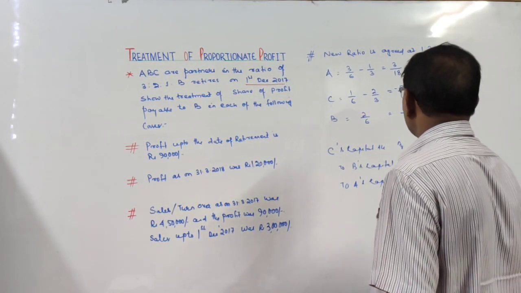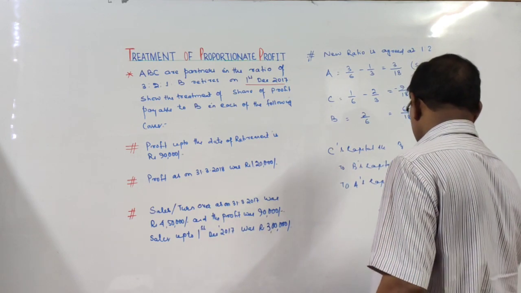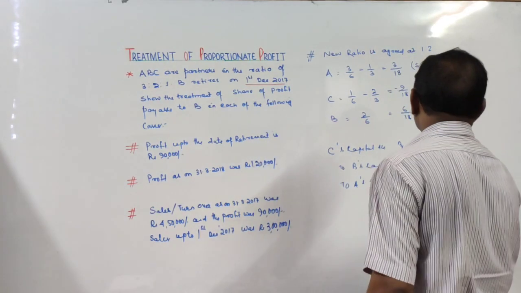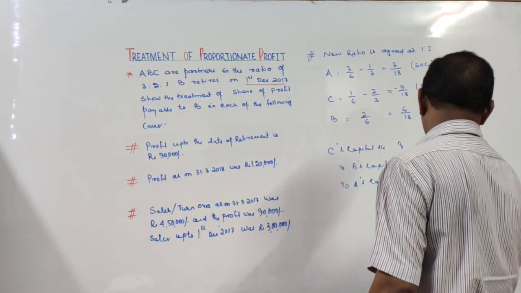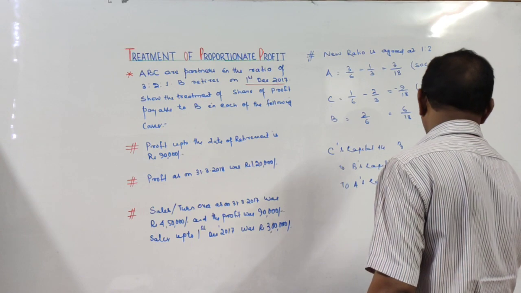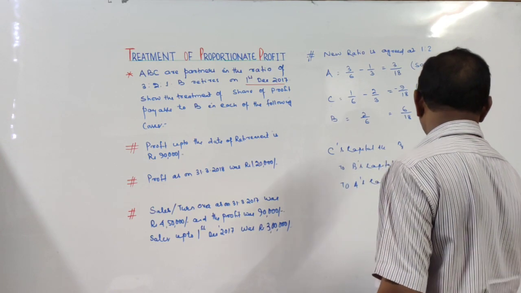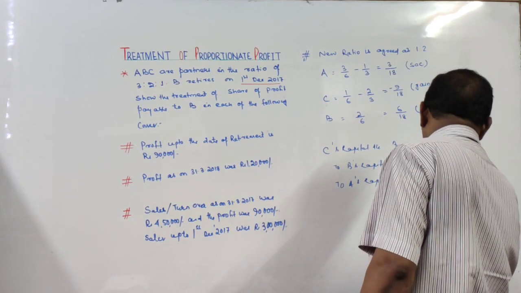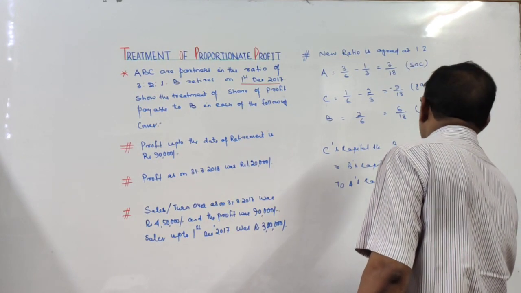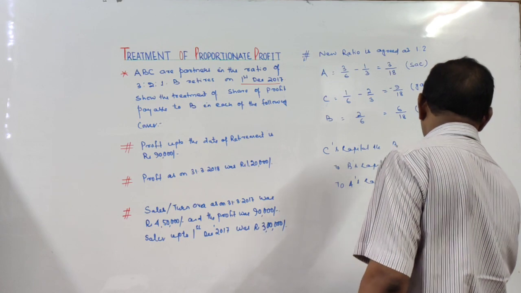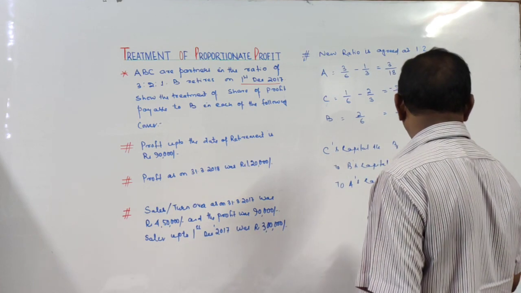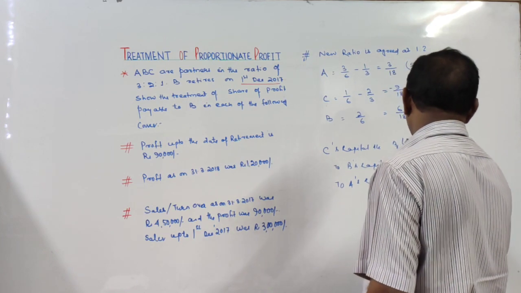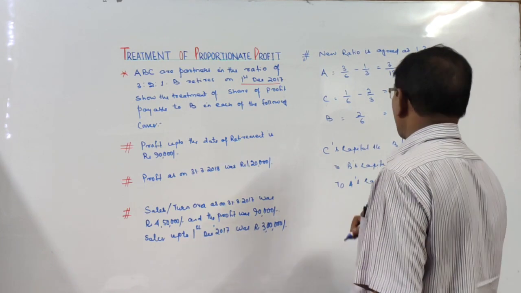B's capital account will be credited with how much? The total profit is 90,000. So 90,000 into 6 by 18, that is 30,000 rupees, and A will also be credited, that is 90,000 into 3 by 18, that is 15,000, sorry, and C will be debited by 45,000.